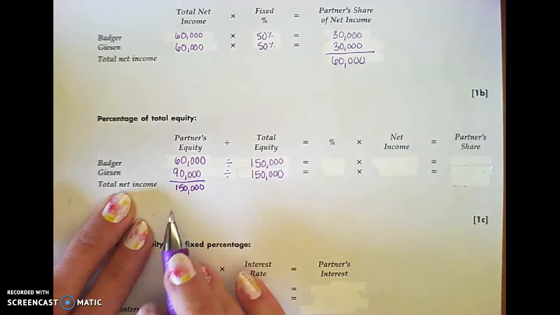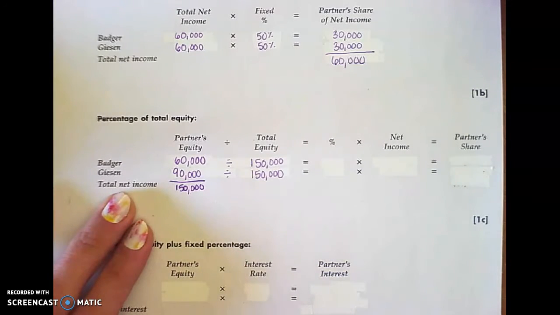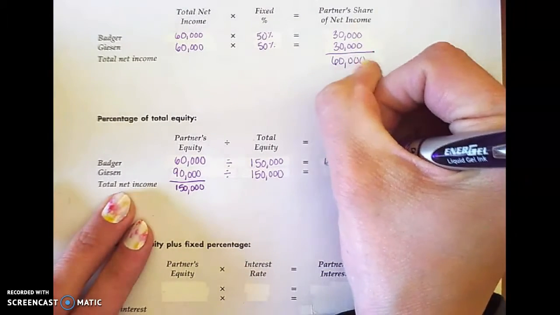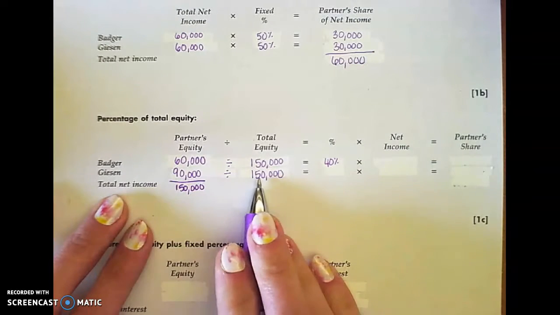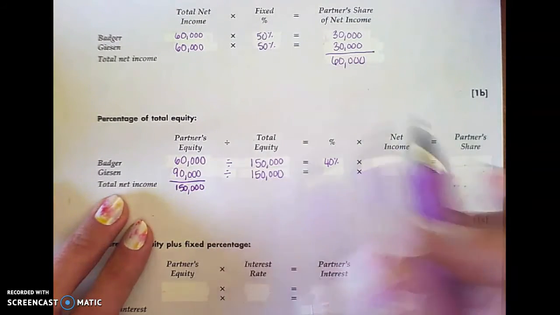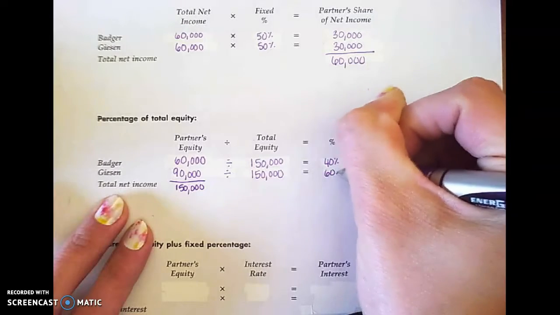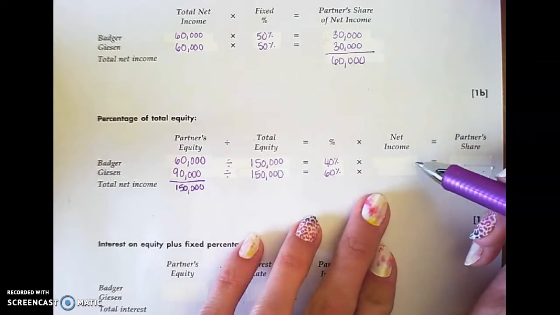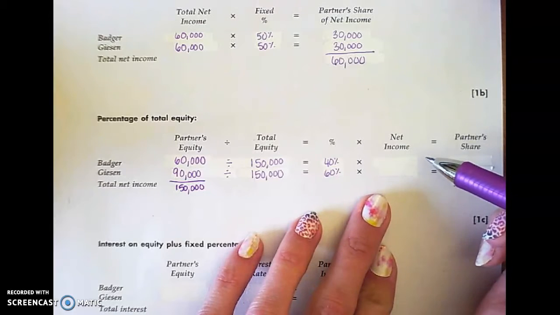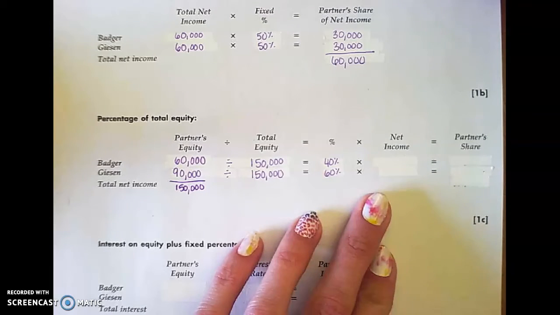So 60,000 divided by 150,000 is 40%. For Maxine, 90,000 divided by 150,000 is 60%. And then we will go ahead and multiply to calculate our net income for each of these.